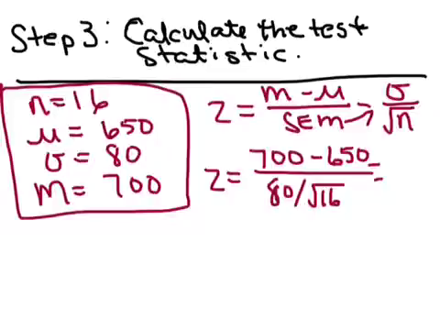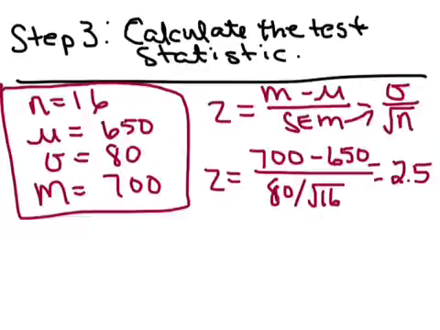I usually put parentheses around the numerator, then I divide, and then put parentheses around the denominator. But you can do it piece by piece if you'd like. So you should be ending up with 2.5. That's your test statistic.